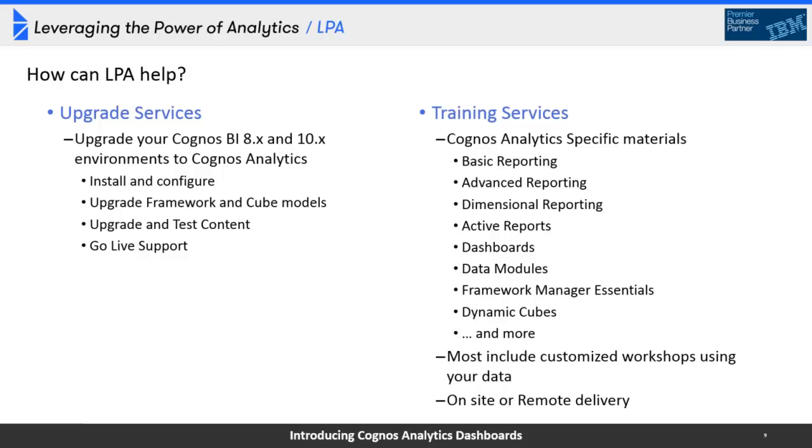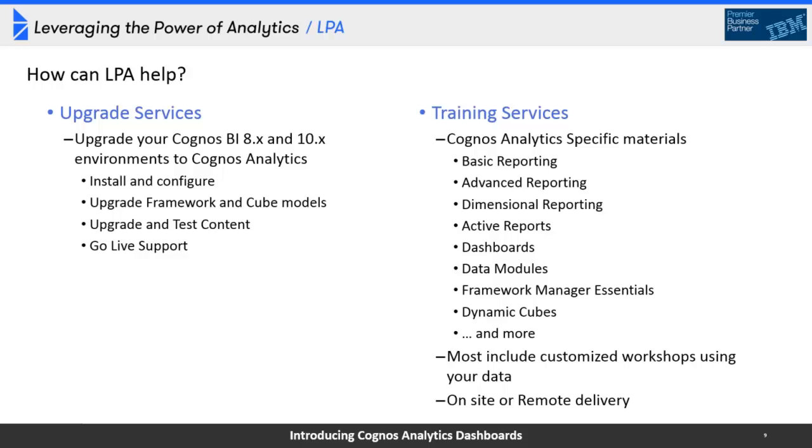Dimensional reporting, yet again, is a class that's just about reporting from OLAP data sources like cubes. Writing active reports. We have a whole class on dashboards that I've just given you basically a summary of. We have a whole class on data modules. We have a 1 day intro class on Framework Manager, and we have more classes.